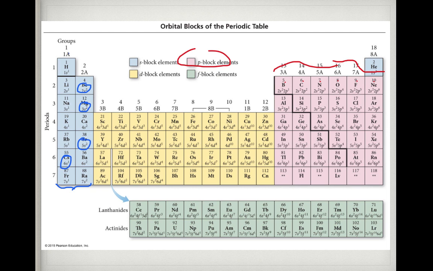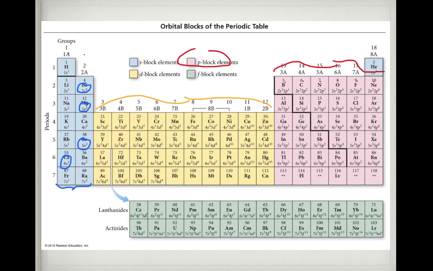We've got 2 columns for the S block, and the S subshell can hold 2 electrons. Our D block is 1, 2, 3, 4, 5, 6, 7, 8, 9, 10 wide, and a D subshell can hold 10 electrons. So this is not by coincidence. And our F's, of course, can hold 14.